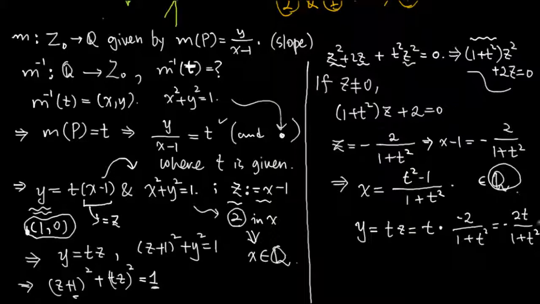So this is a rational parameterization of all the points on the unit circle except (1, 0). The formula of m over t finally is the x coordinate t squared minus 1 over t squared plus 1, and y is negative 2t divided by t squared plus 1.